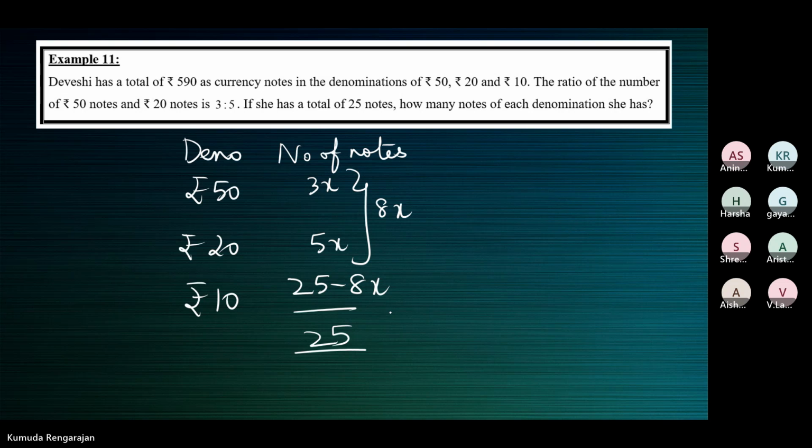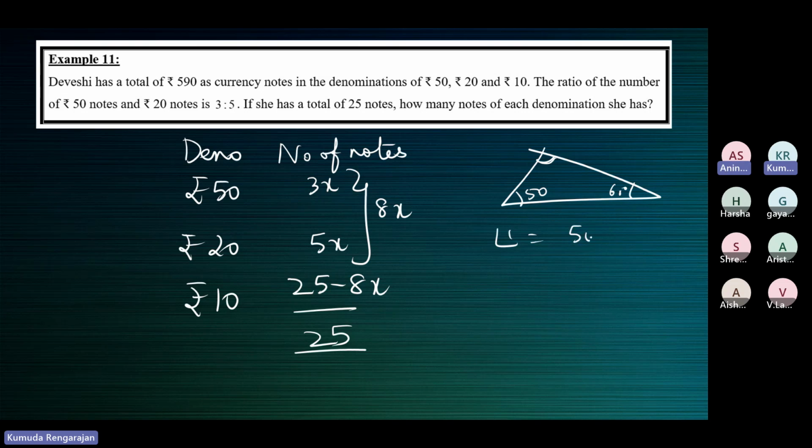Yes, ma'am. See, it's like the angle sum property in a triangle. You all know that the sum of the three angles in a triangle is 180 degrees. Supposing angle 1 is 50 degrees and angle 2 is 60 degrees, what will be the third angle? Angle 3 we don't know, but we know the total is 180.